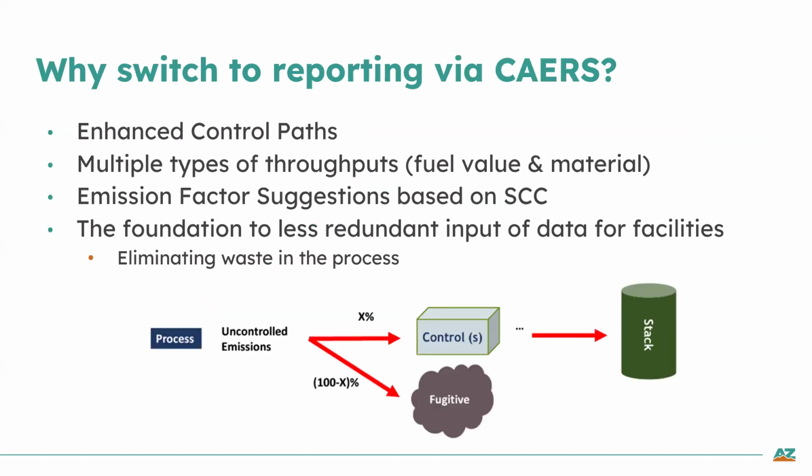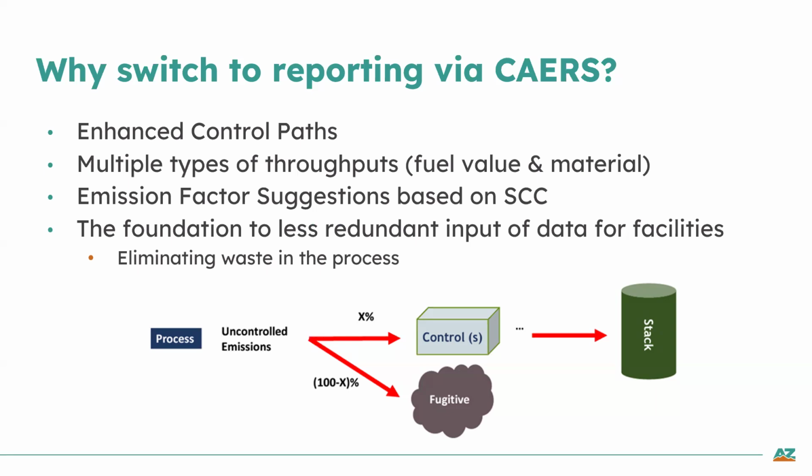There are multiple reasons why we decided to use CAERS for reporting, including the ability for facilities to select multiple throughputs, CAERS built-in emissions factor, and transparency in applying emissions controls. The ability to select multiple types of throughputs reduces the number of steps required to estimate emissions for a given process.